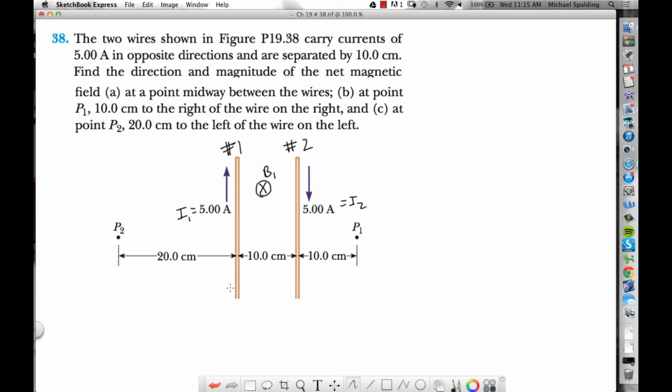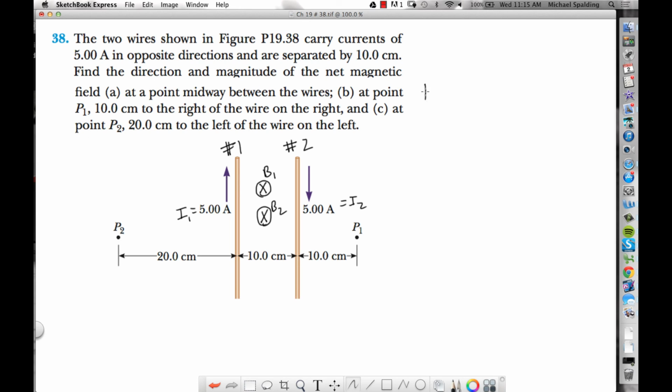Okay, now, wire number 2. What is the magnetic field from wire number 2 doing at this midpoint? It's also going in, right? Put your thumb in the direction of the current. What are my four fingers doing at the midpoint? Going in, right? So are these magnetic fields going to cancel each other or add to each other? They're going to add to each other.